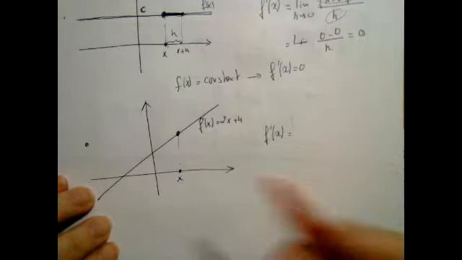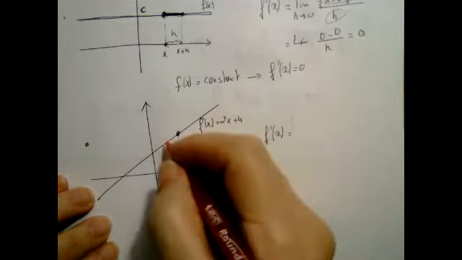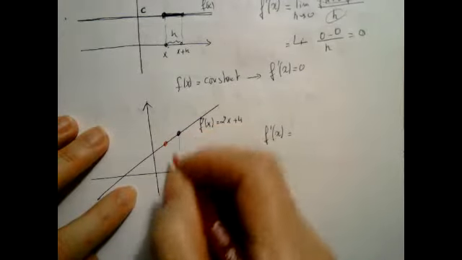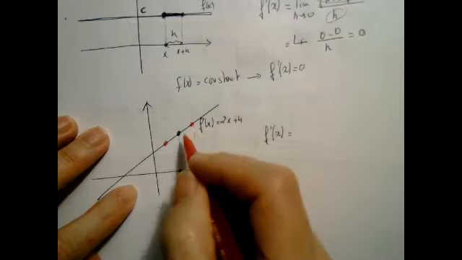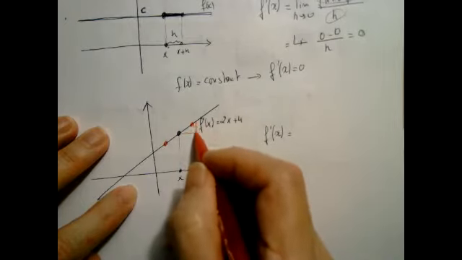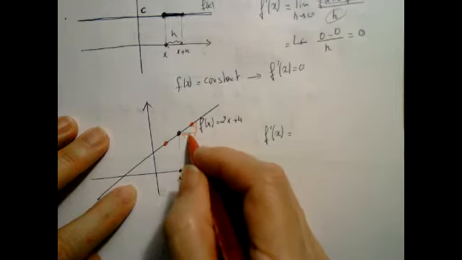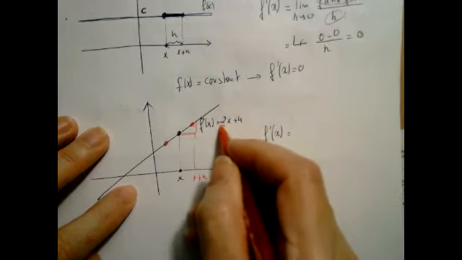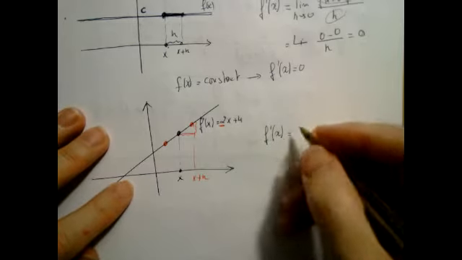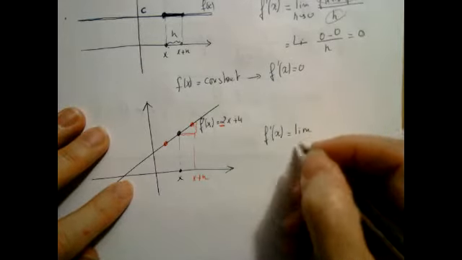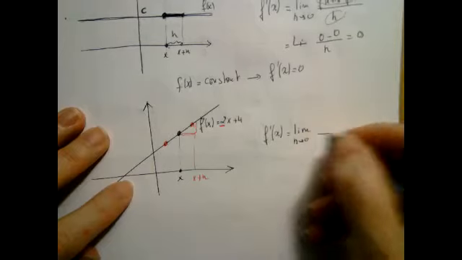The idea is, graphically, I have to take a point next to it, that's my x plus h, and if I compute the change over the change, since that's a straight line, I'm going to get the slope. So that's graphically. Now, if you do it algebraically, it's the same thing.